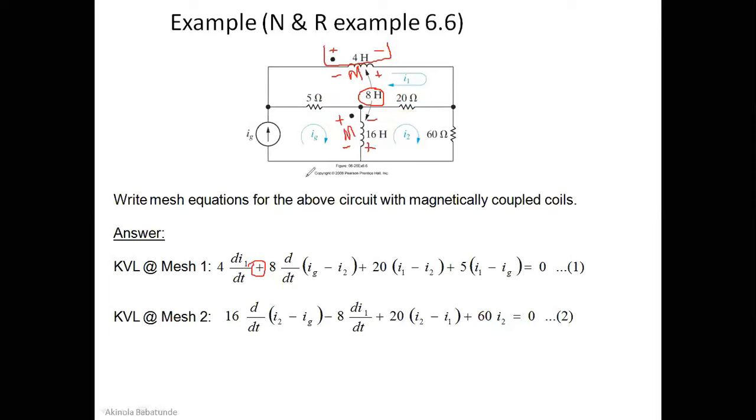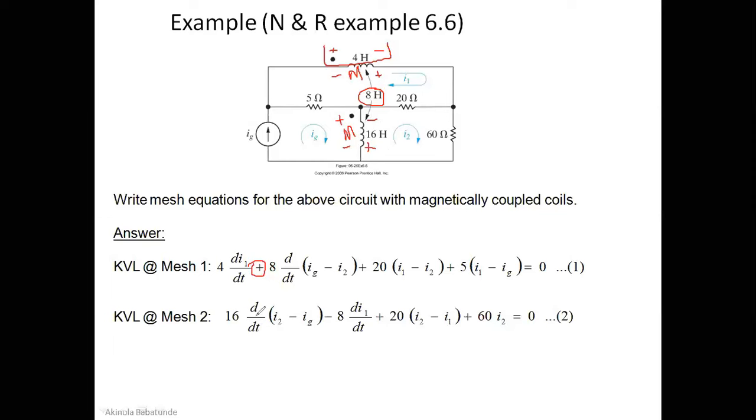Now for KVL at mesh 2, this is our mesh 2. We want to find KVL here. So let's start with the area. Our current is flowing this way, so it's traversing from positive to negative. For self-inductance, we have these 16 multiplied by current passing through each. 16 Henry, which is the inductance for L2, multiplied by the current passing through L2.